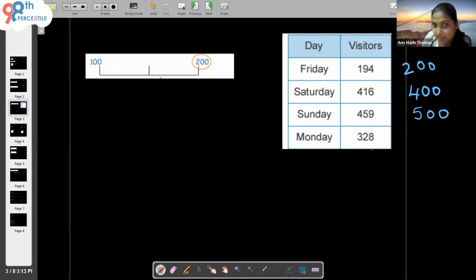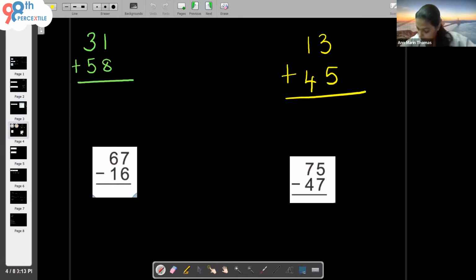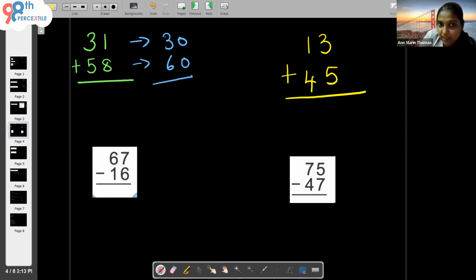Okay, I think I went to the wrong question here. 31 to the nearest 10 would be 30. 58 to the nearest 10 would be 60. 30 plus 60 will give you 90.